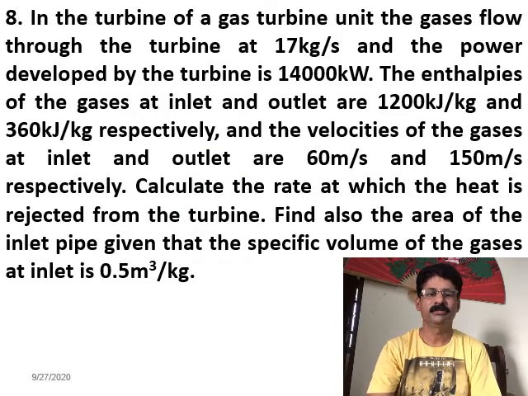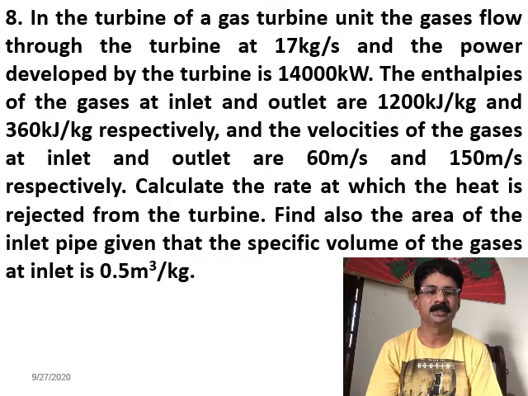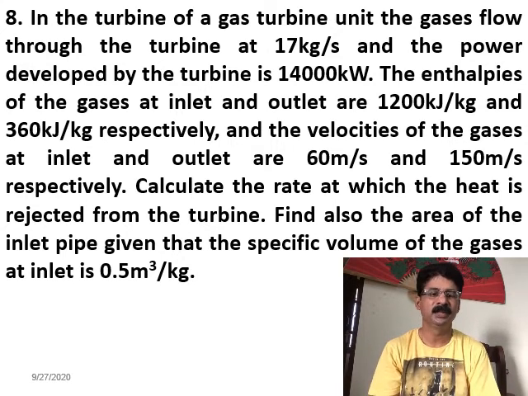In the turbine of a gas turbine unit, the gases flow through the turbine at 17 kg per second and the power developed by the turbine is 14,000 kilowatt. The enthalpies of the gases at inlet and outlet are 1200 kilojoules per kg and 360 kilojoules per kg respectively.